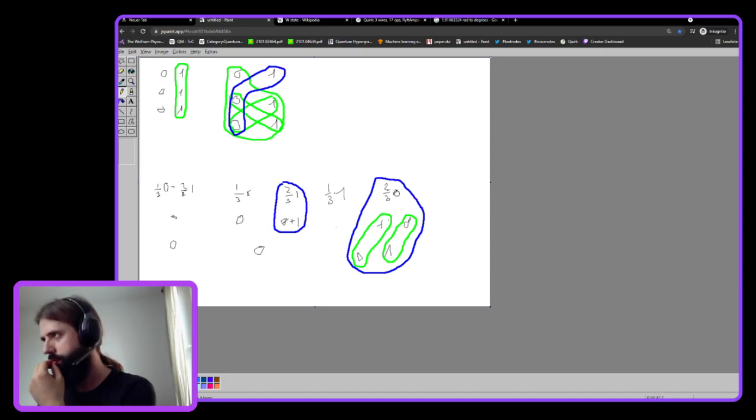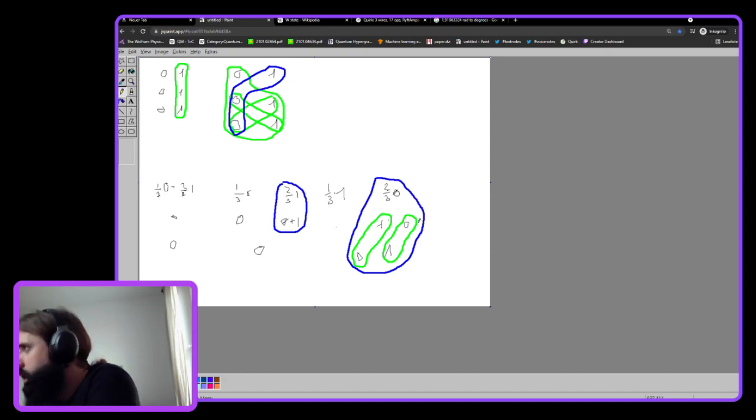So actually, here you kind of have 2/3 and 1/3. Shouldn't it be the other way around though?